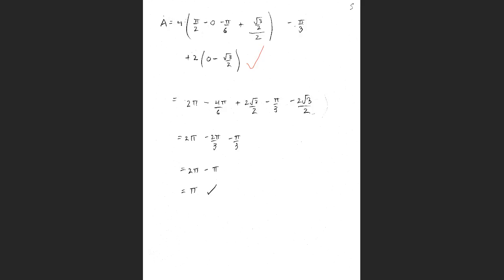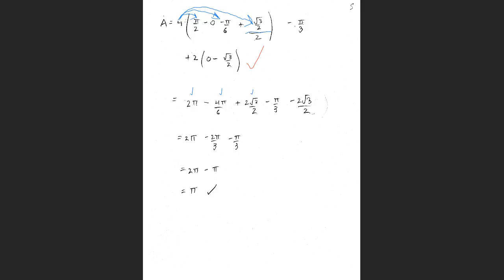Okay, so what I'm going to do is distribute the 4 here to the pi over 2 and to the minus pi over 6, and then to the root 3 over 2 over 2, and that'll get me 2 pi minus 4 pi over 6 plus 2 times root 3 over 2, because 4 divided by 2 is 2 there in the denominator.